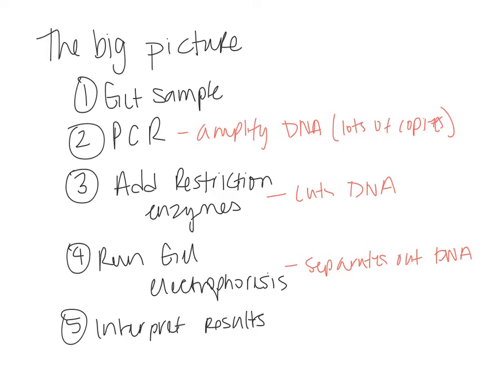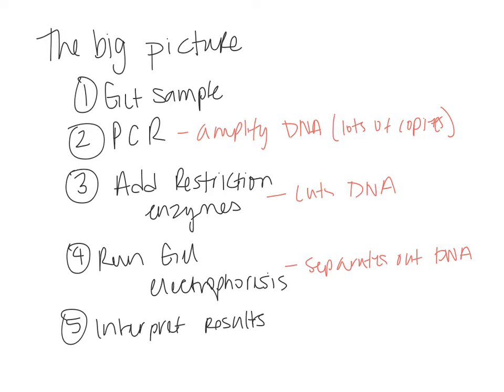Third thing we do is we add restriction enzymes. And restriction enzymes are going to cut the DNA into fragments, so into pieces. Now, at that point, we just have a solution that looks like liquid, and all it is is DNA in tons of little pieces. But we can't see the DNA in pieces. We still can't identify it.